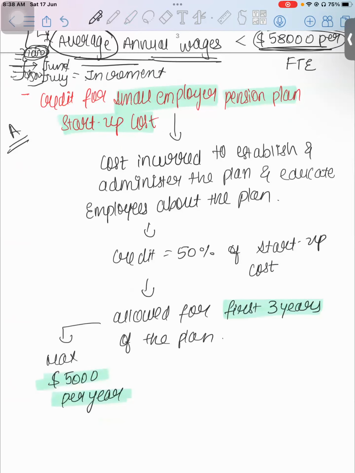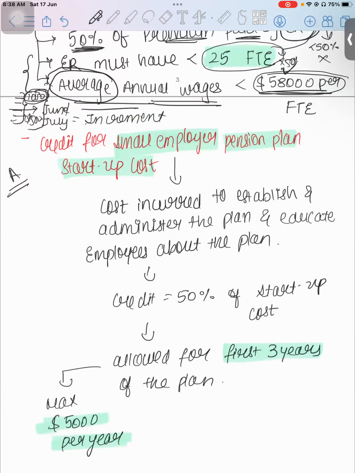This might be asked whenever the small employer is providing the pension plan. Whatever expense the employer has incurred for establishing and administering the plan or to educate the employees. Some employees are not aware of the pension plans. They say, why are you putting the amount in this plan instead of giving it to us directly?